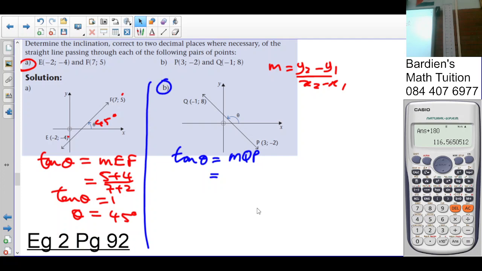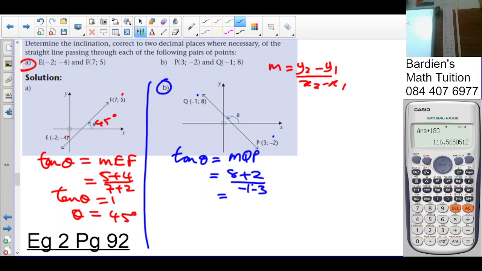Alright, so what do we have? The gradient of QP is going to be 8 minus minus 2 over negative 1 minus 3, which is negative 4. Is that correct?